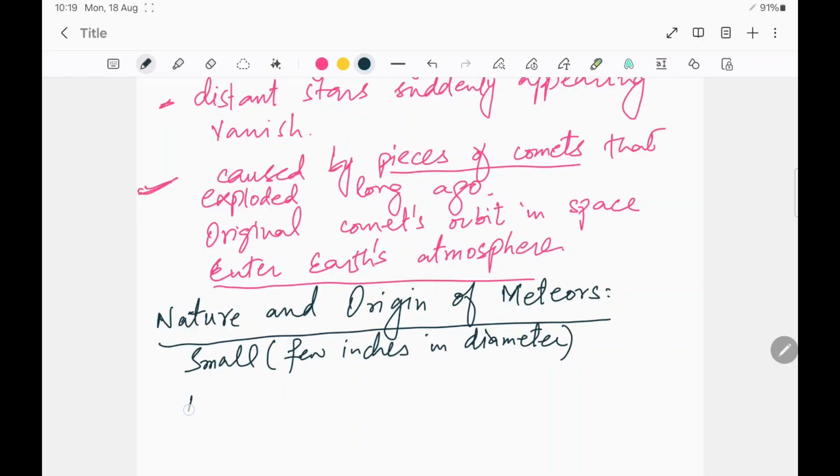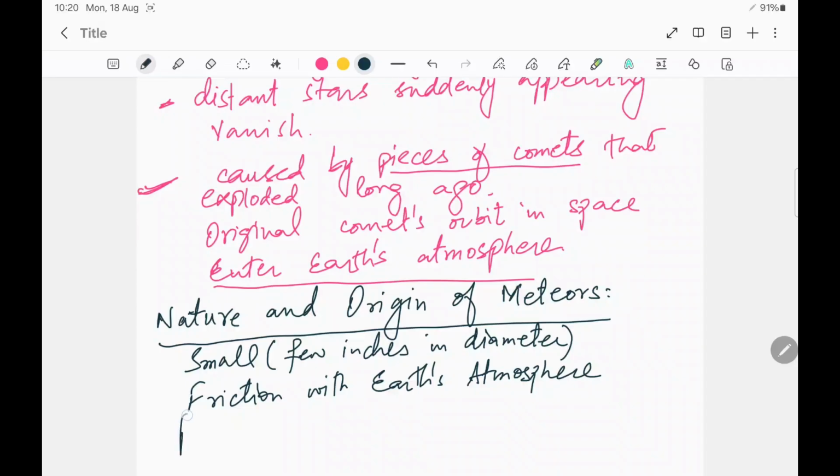They have friction with Earth's atmosphere, and that makes them heat up and become white hot, and they appear as bright streaks across the sky.